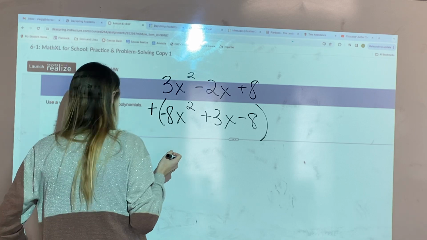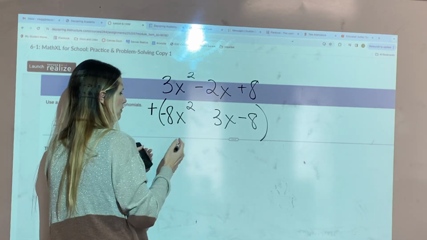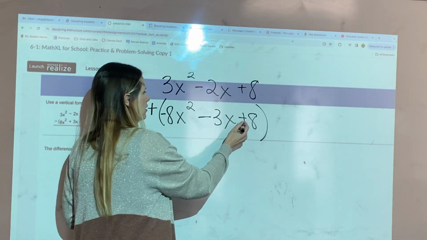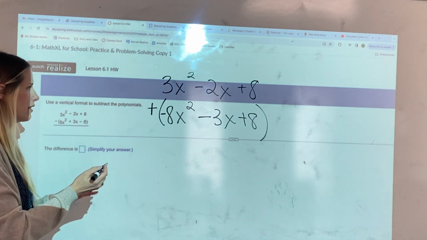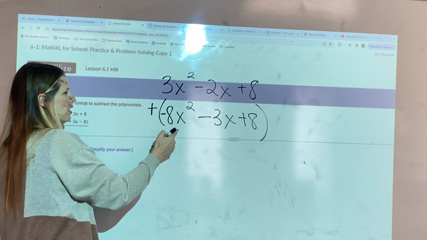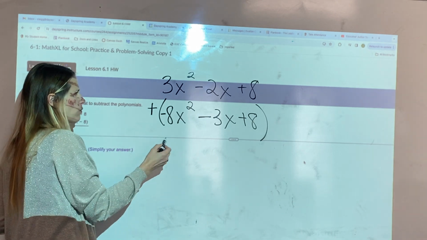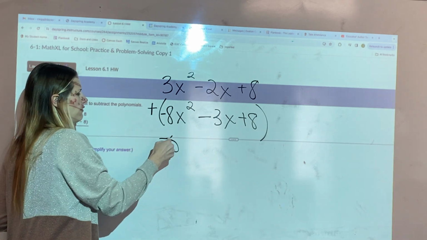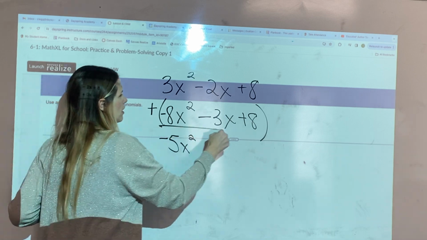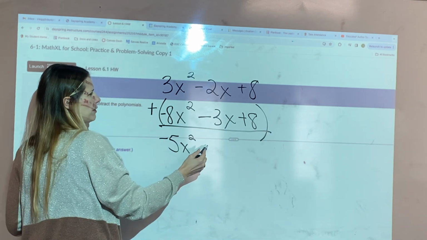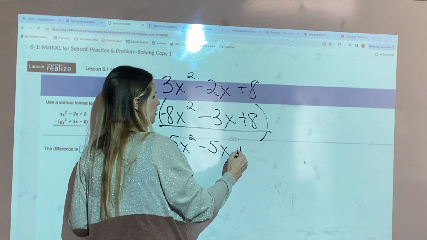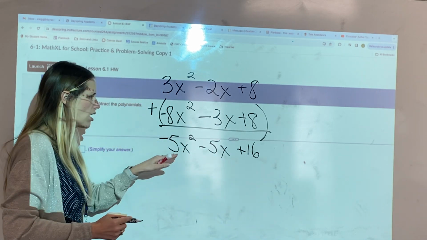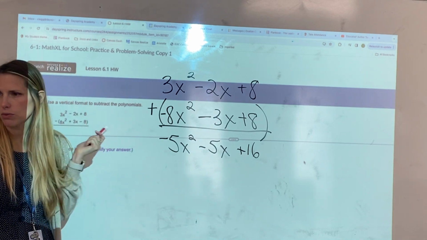However you want to think of it is totally fine. And so everything in there gets the sign change. Now we're simply adding them. So 3x squared plus a negative 8x squared is what? Negative 5x squared. And then what do I have here? Negative 5x and plus 16. And as long as everything is in the proper order, we're done.